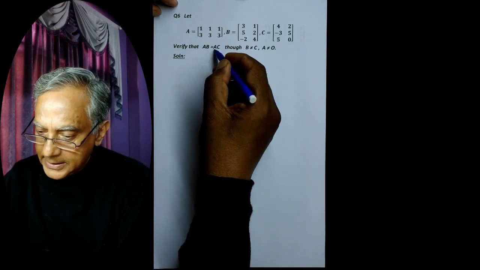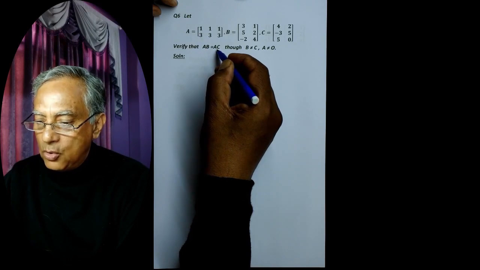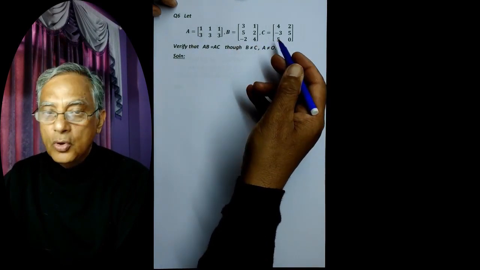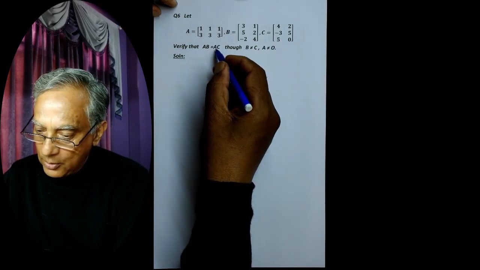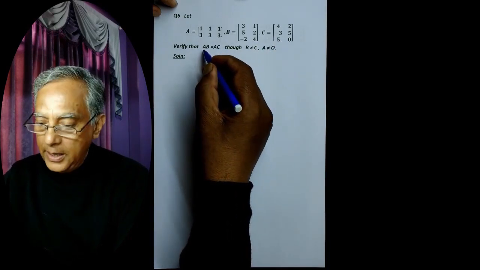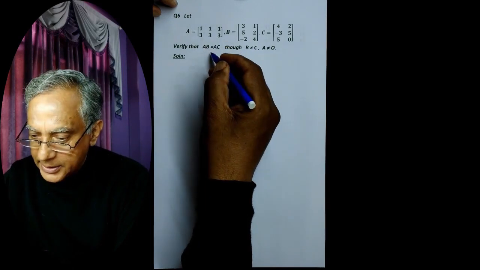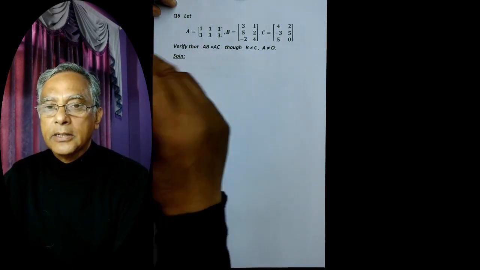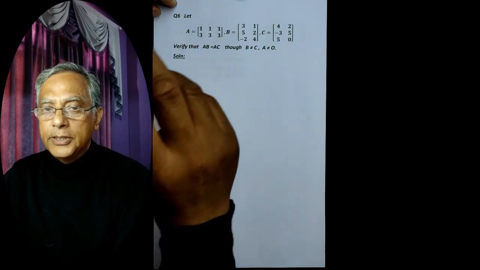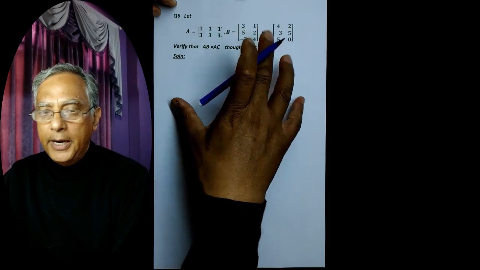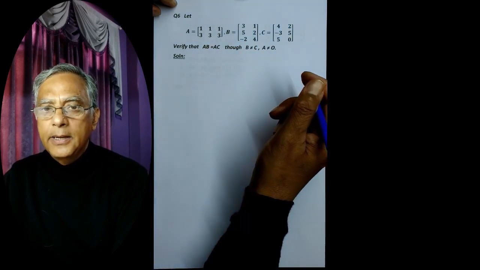If we cancel this A, we will get B equal to C, which is not true. So this can hold even if B is not equal to C. This matrix cannot be cancelled. So cancellation law is not true in matrices in general. It is true under certain conditions.